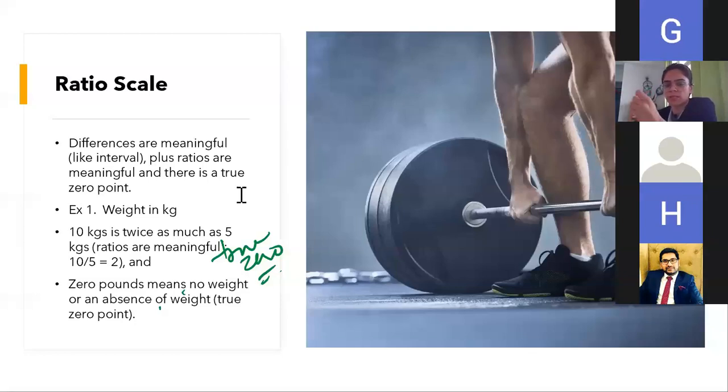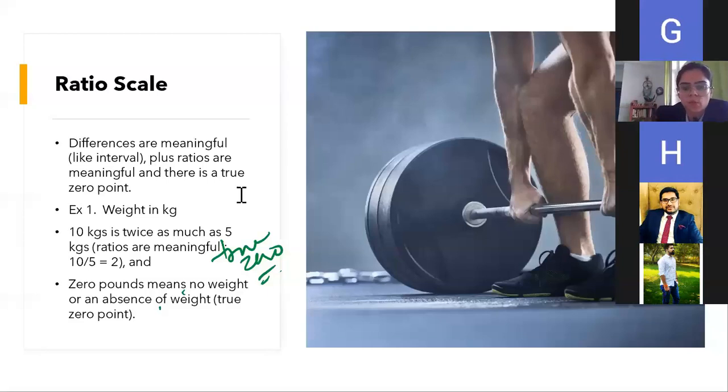Are you able to understand this? 0 pounds means no weight or an absence of weight. So there is this true 0 point in ratio scale, but it is not in interval scale or in any of the other scales.